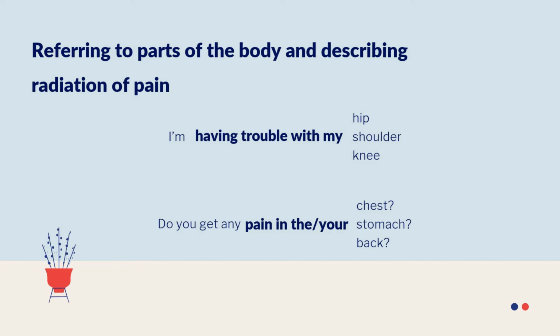Patients usually use these expressions when they feel pain in those parts of their bodies. But the doctor often needs to ask about a part of the body, like when he says, "Do you get any pain in the chest?" Or "Do you get any pain in your back, your stomach?"